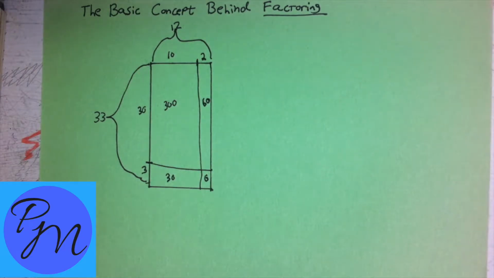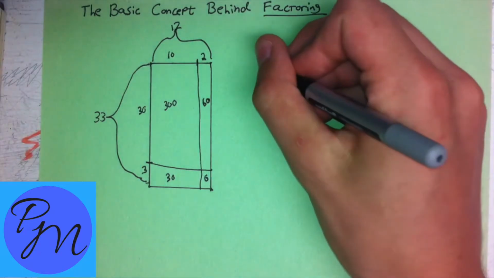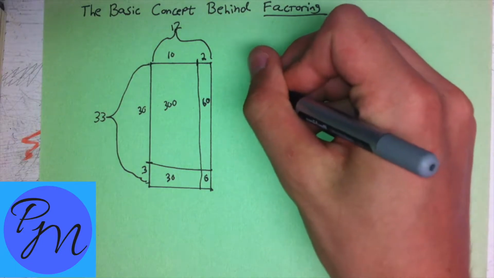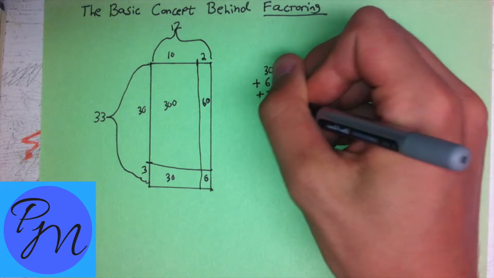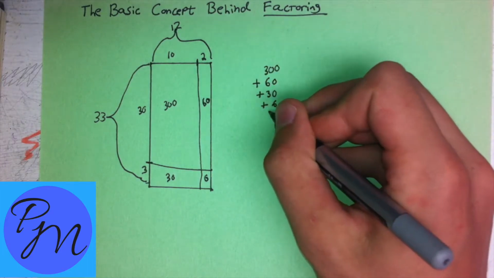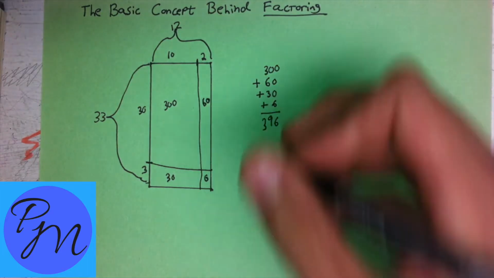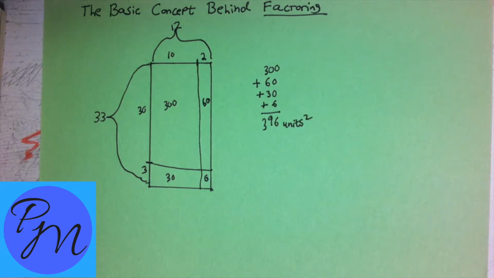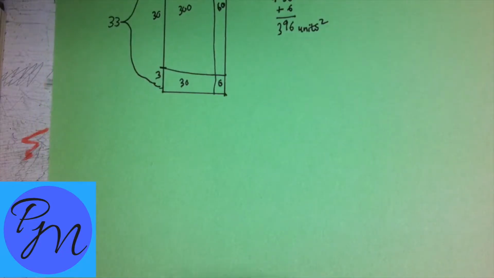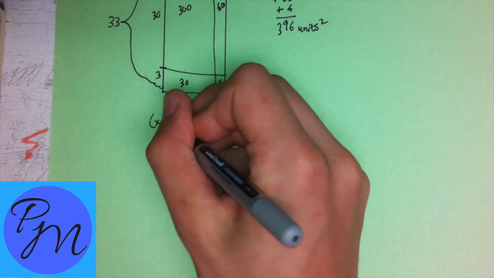And so we can then take those areas and add them together to get the total area of the rectangle, which would be 300 plus 60 plus 30 plus 6, 396 units squared.